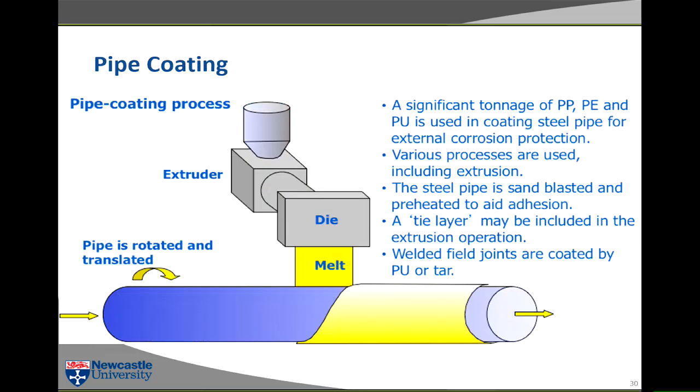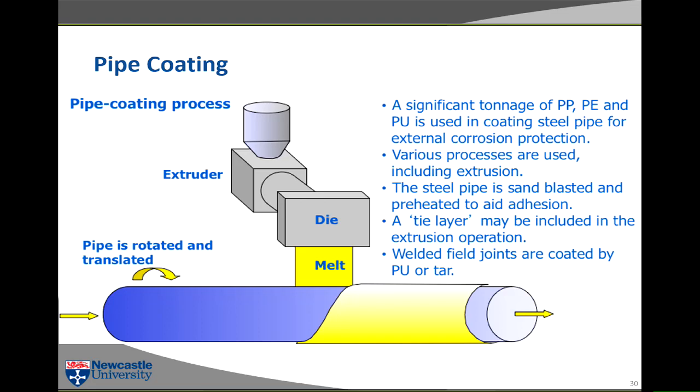Right, this is another process, something completely different. Have you come across pipe coating in your other lectures? With steel pipe? Yes, no? No? Right, so you've only dealt with the steel pipe itself, but you know that when you have steel pipe in the form of a flow line, it usually has to be coated externally to protect it from corrosion.